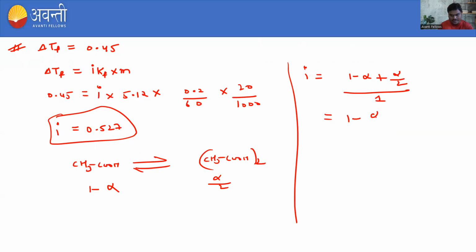So it comes out to be 1 minus alpha by 2. So from here, we know the value of i, and alpha comes out to be 0.946, or we say 95 percent.